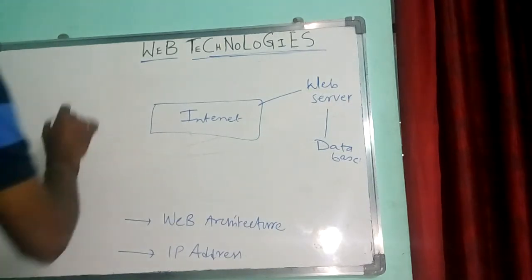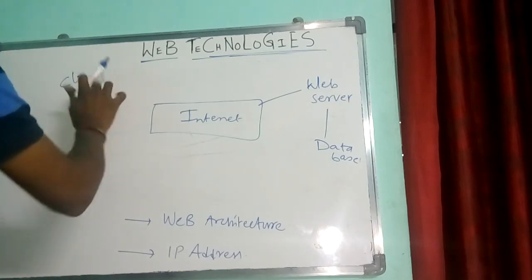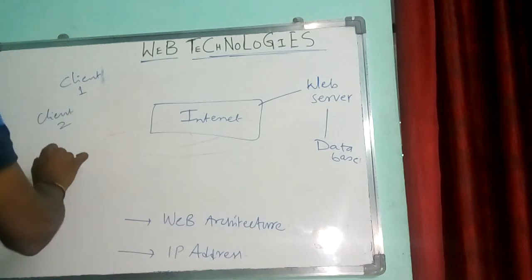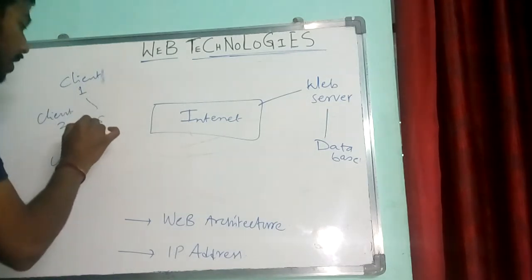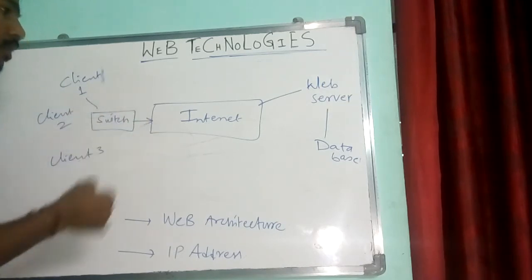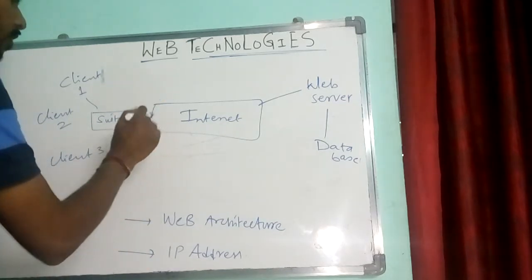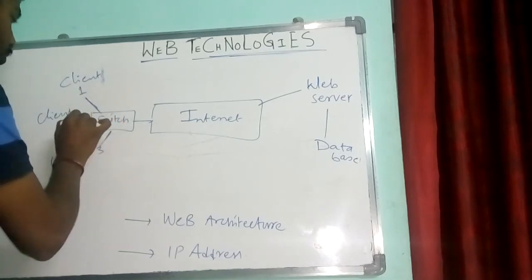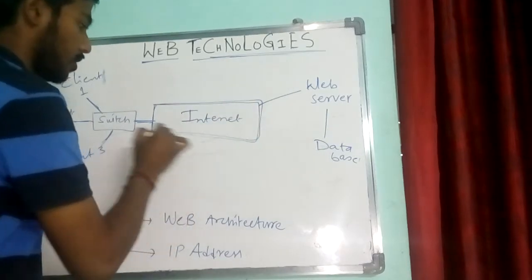Here we have clients. I'll say client 1, client 2, client 3, etc. And I have a switch. You can also put some antivirus like a firewall. These are connected to the switch.